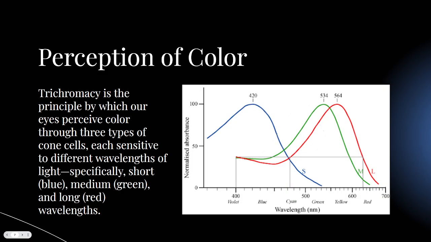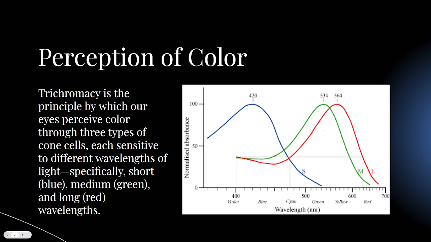The main point of the experiment was the perception of color, how we as humans perceive that. The main topic would be trichromacy, which is the principle by which our eyes perceive color through 3 types of cone cells, each sensing different wavelengths of light, specifically short for blue, medium for green, and long for red wavelengths.